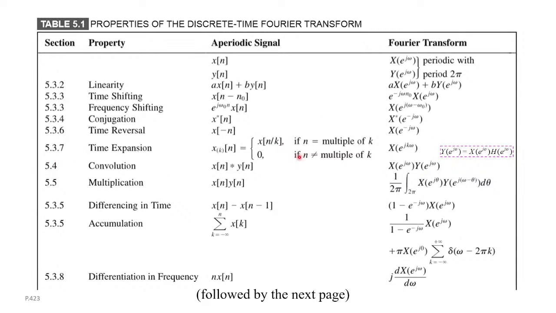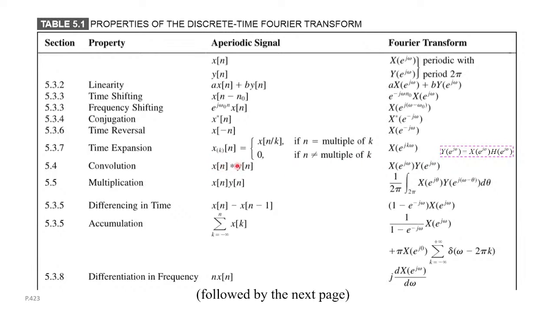And time expansion is a little weird because you cannot do time compression, and for time expansion you still want it to be a discrete time signal, so you can only expand by a multiple of k.